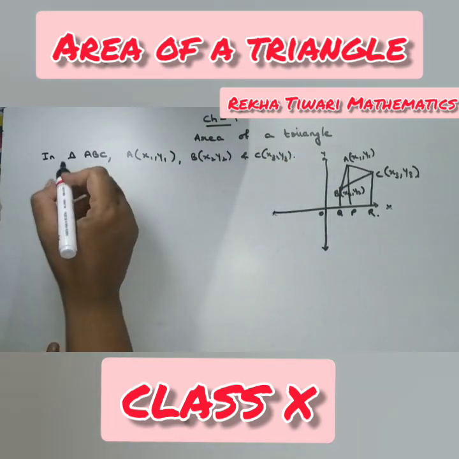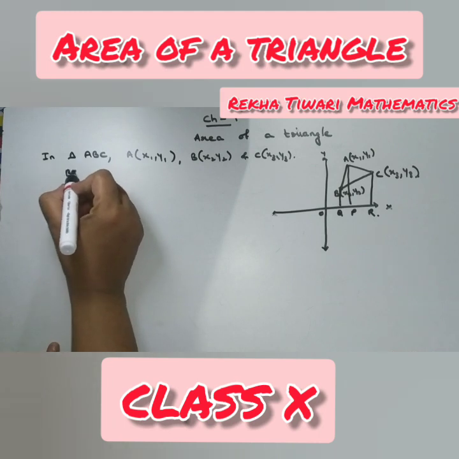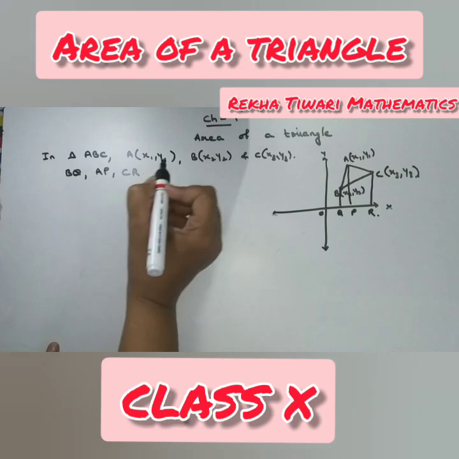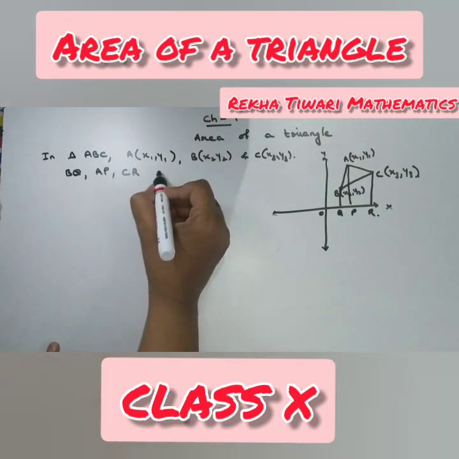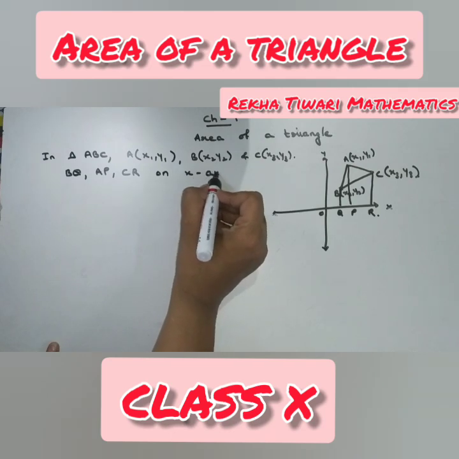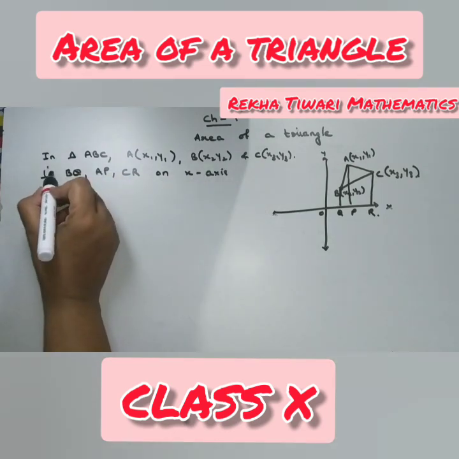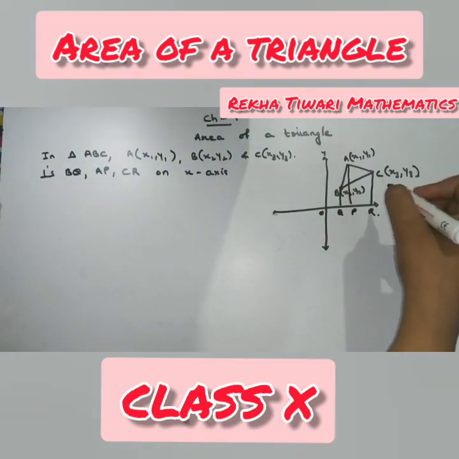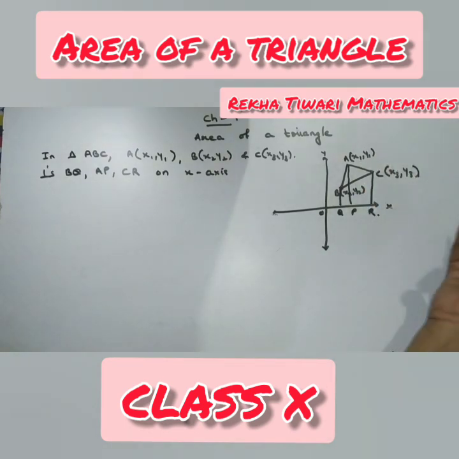What did we do? We have drawn perpendiculars BQ, AP, CR on the x-axis. Now I have to solve in such a manner that we will get the area of the triangle.